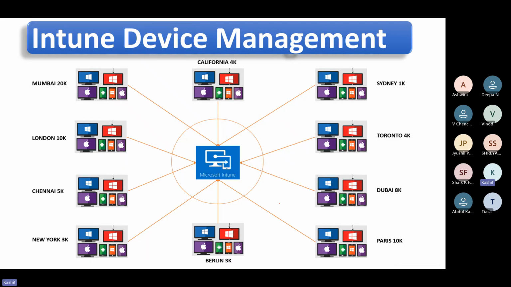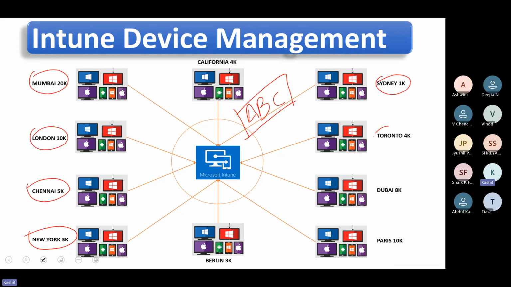Now, how Intune manages devices? Let's assume that you have an organization called ABC Private Limited. In that organization, there are various branch offices and one headquarter. Let's say the headquarter is in New York with 3,000 employees, and you have branch offices Chennai, London, Mumbai, Sydney, Toronto, Dubai, Paris.